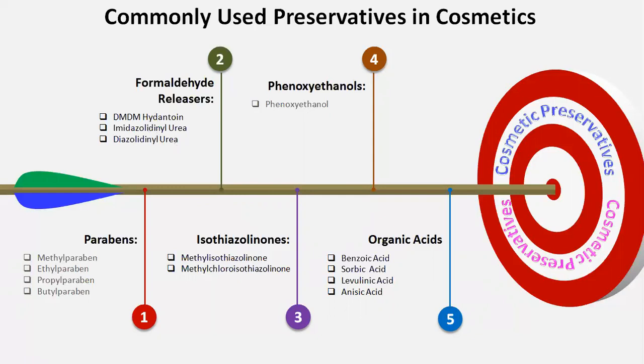Coming to isothiazolinones, only 2 examples are present: methyl isothiazolinone and methyl chloroisothiazolinone. Then phenoxyethanol, the compound itself, is an example under that category. And coming to organic acids: benzoic acid, sorbic acid, levulinic acid, and anisic acid. These are examples of preservatives commonly in use currently in the cosmetic industry.